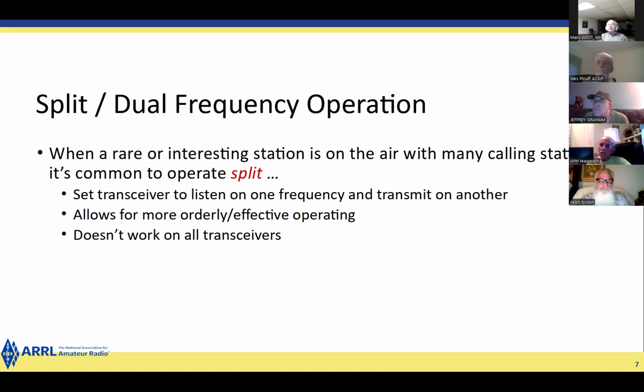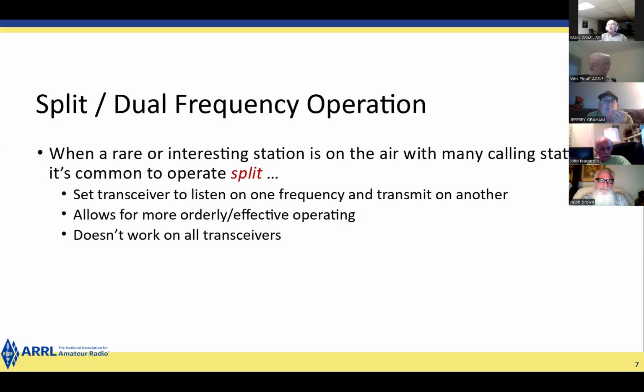He might start at 1 kilohertz up, and every time he makes a contact, he might move up a little more, just to give himself room, so he can make out who is calling, because there are so many people calling over each other that he can't figure out the call signs.